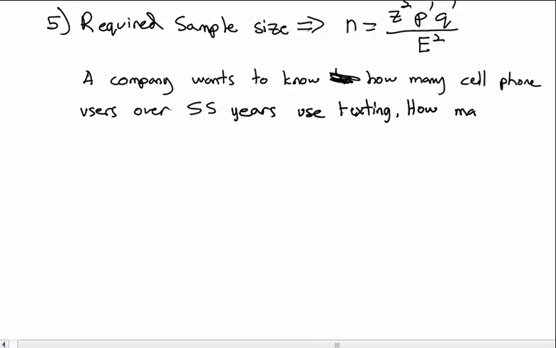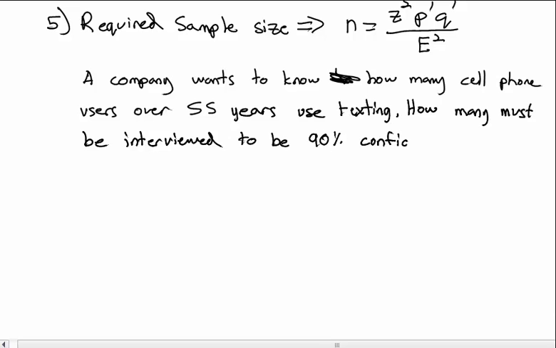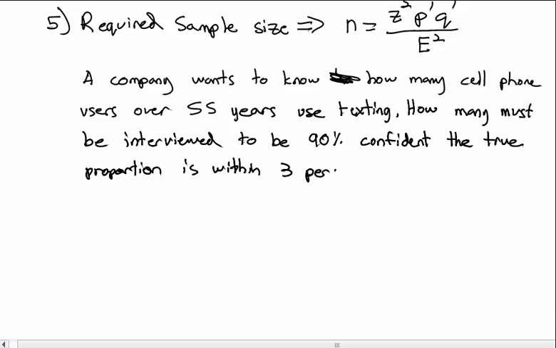How many must be interviewed to be 90% confident the true proportion is within 3 percentage points.